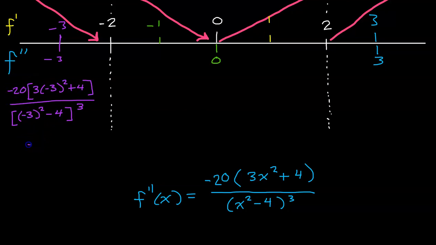So that tells us that the numerator will definitely be negative. Meanwhile, in the denominator, we have 9 minus 4, which is positive 5, and that's going to be cubed. It'll still be positive. So the overall result here is a negative value. So that tells us that the function will be concave down in this interval.